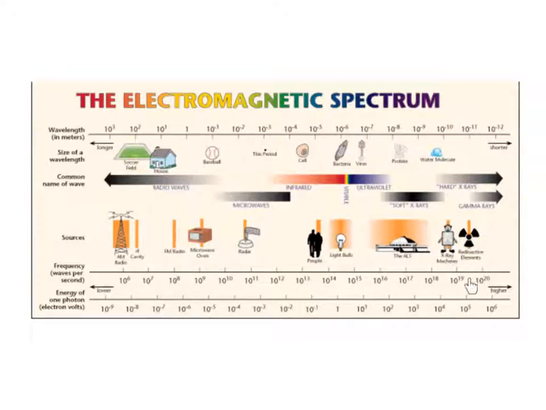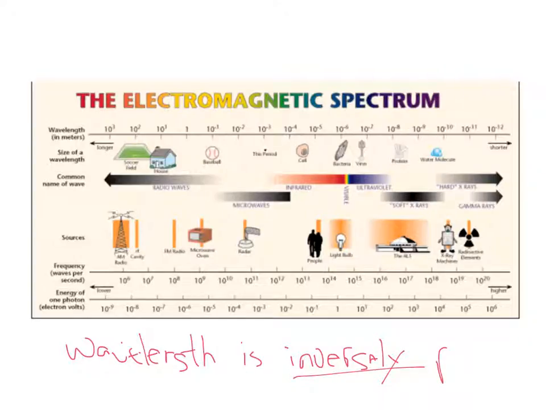The frequency gets smaller, right? So as wavelength increases, frequency gets smaller, and we can see that here. So we say that wavelength is inversely proportional to frequency.